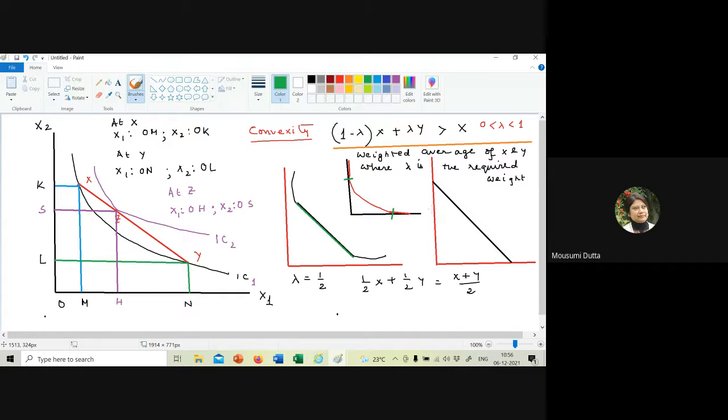Because if you draw a concave line like this, or a convex curve like this, this point is lying on both a convex curve and a concave curve, and in that sense a straight line is both weakly convex and weakly concave.